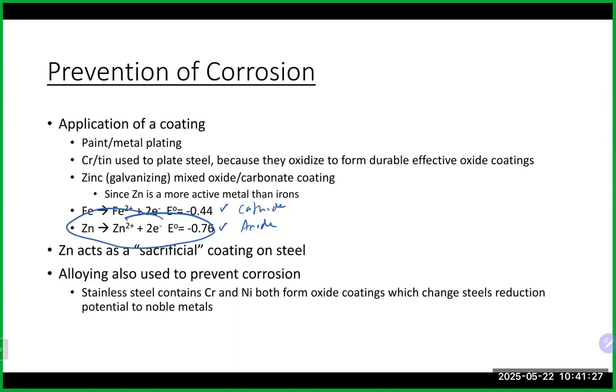And that's why it's sometimes referred to as a sacrificial coating. You could also do some alloying, which is adding some other atoms to metal, like stainless steel has chromium and nickel, and by doing so, it changes its standard reduction potential to something closer to a noble metal, and again, it prevents it from going through corrosion.